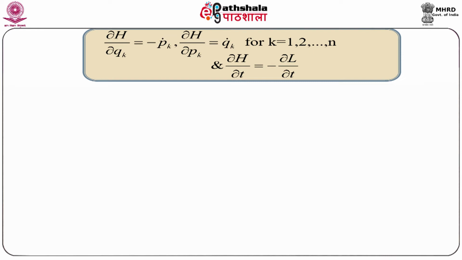Thus, we have qk dot equal to del capital H del pk, pk dot equal to minus del H del qk for k equal to 1, 2 up to n. These equations are called Hamilton's equations of motion of a dynamical system. Please note that for n degrees of freedom, we have 2n first order equations. These equations are partial differential equations.